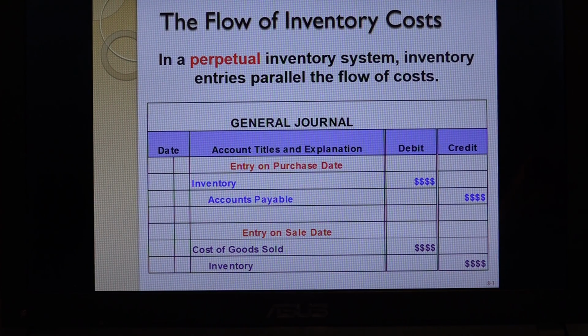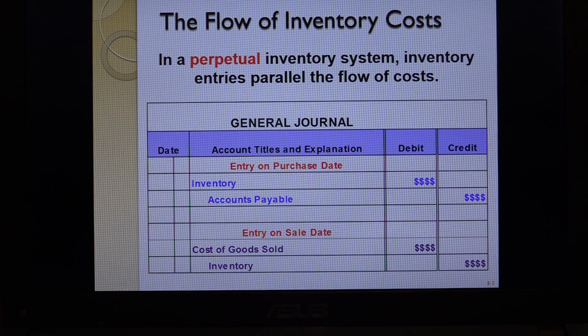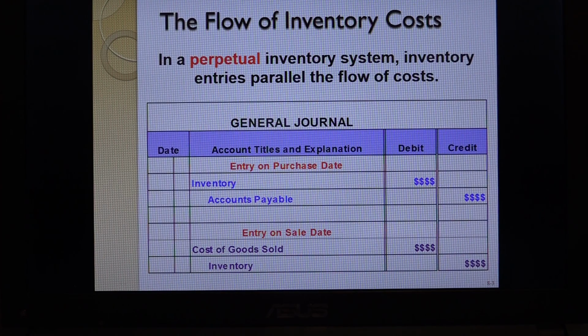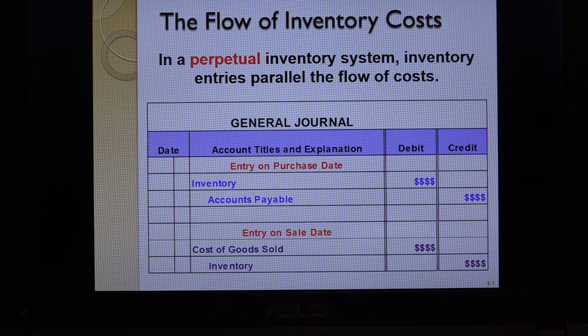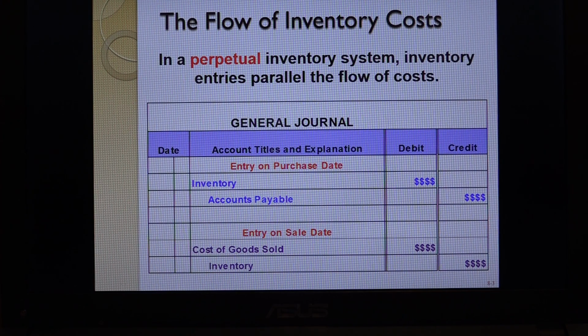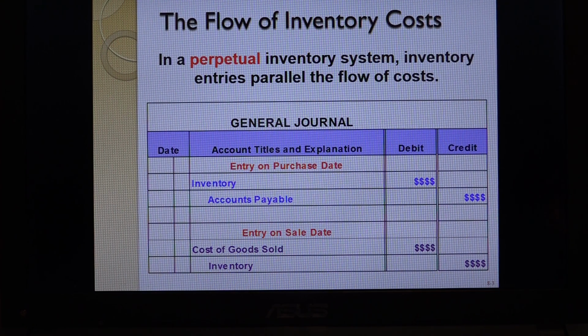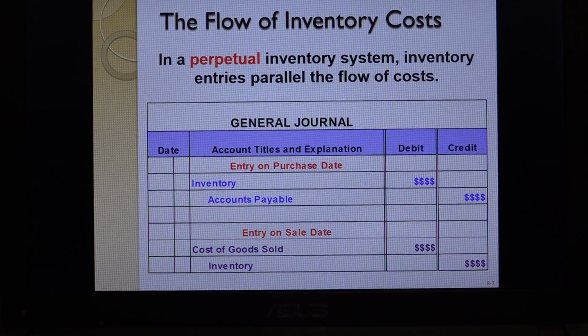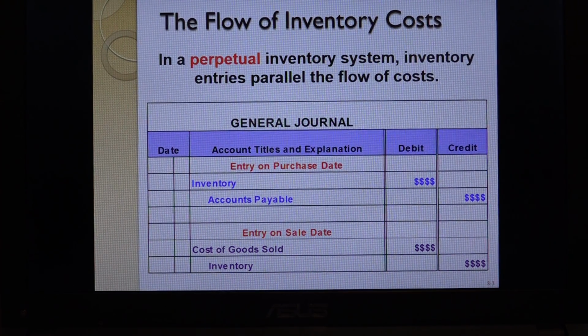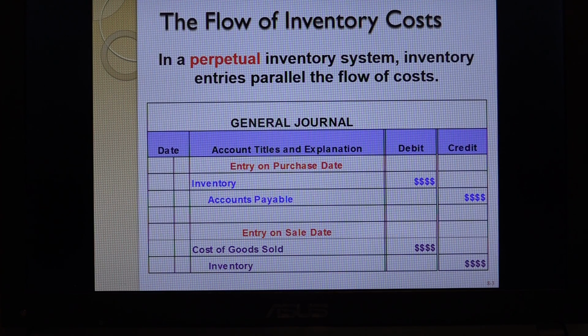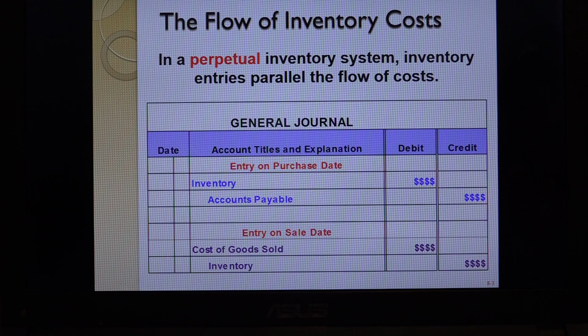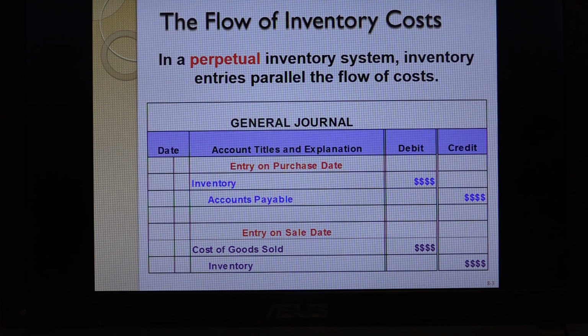Now, the other, periodic inventory, all we do is simply list our purchases in a temporary account called purchases account, and then we wait till the end of the accounting period and figure out what our beginning inventory is. You would know what your beginning inventory is. You do a physical count to figure out what your ending inventory is, and you know the amount of stuff you purchased during the year.